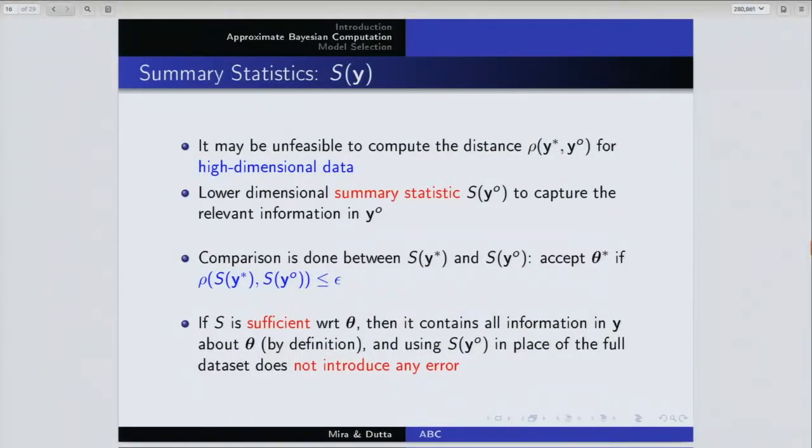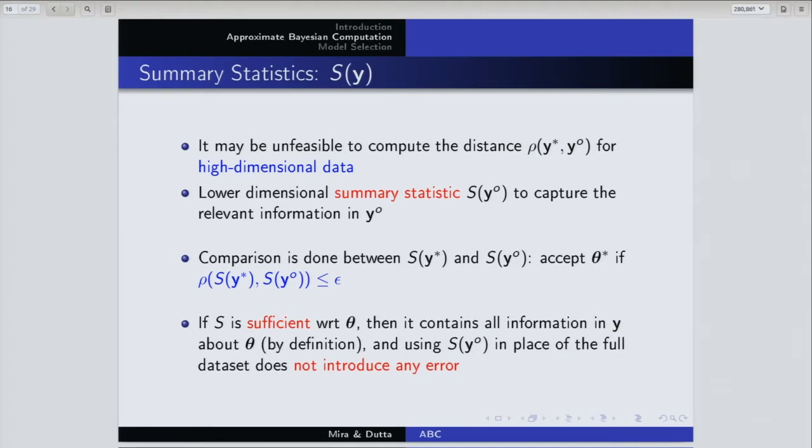Good. Now, if your data is very big, as it happens in many of those applications, astrophysics, social, and biology, and so on, then a direct computation of the distance between the observed data and the simulated data can be unfeasible. Therefore, we might want to introduce a lower dimensional summary statistics, which we call S, which summarizes the data by capturing all the relevant information contained in the data relevant for making inference on the parameter theta.